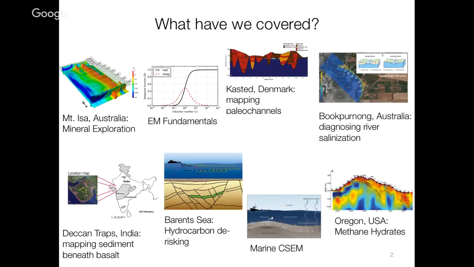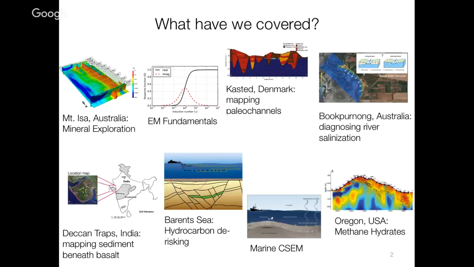We didn't really talk about hydrocarbon de-risking, but we did talk about the general procedure for finding hydrocarbons at sea, and we realized, okay, this is a resistor. So my first shot is that I'm going to use something related to a DC resistivity problem, and then drive currents through there.